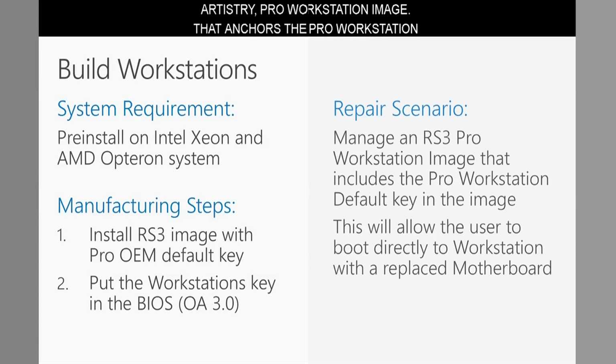But if a user needs a motherboard replacement, we encourage you to prepare the Pro workstation default key in the image, and this will allow the user to boot directly to workstation without replacing the motherboard. And again, Enterprise has every feature which workstation has. For example, 6 TB memory support is already in the Enterprise SKU from Fall Creators Update.